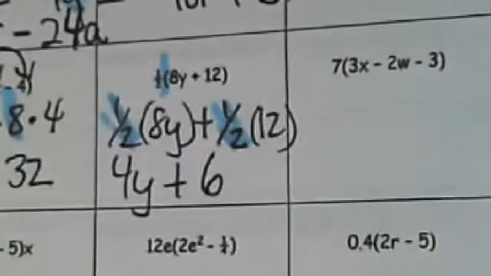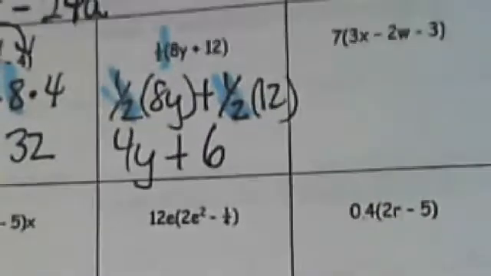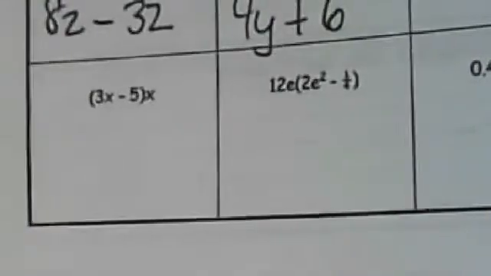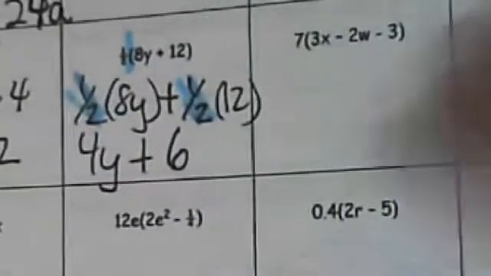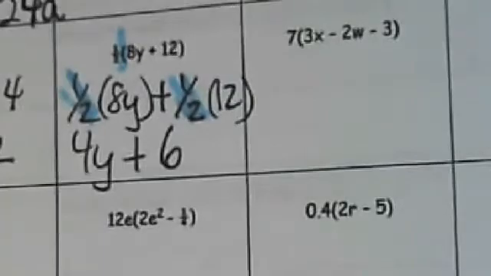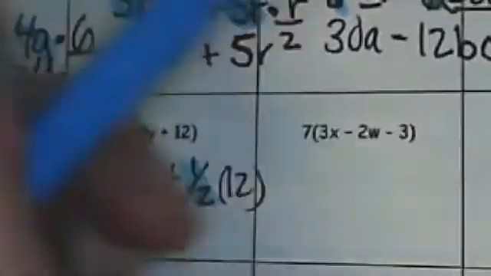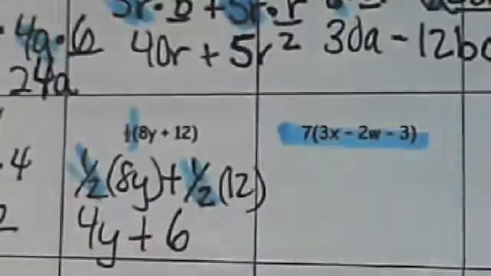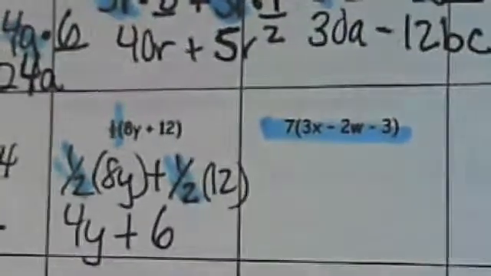So for the rest of these, what I want you to do is see if you can do this one. I'm going to highlight it for you, and we'll go over it in class. So just do this one. This one right here, we're going to skip.